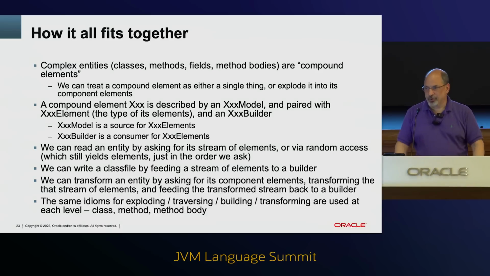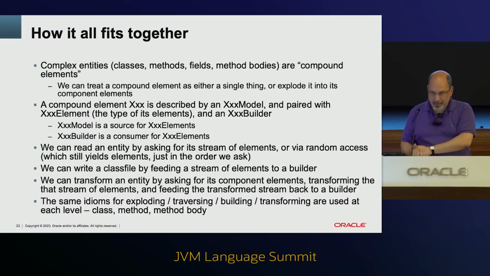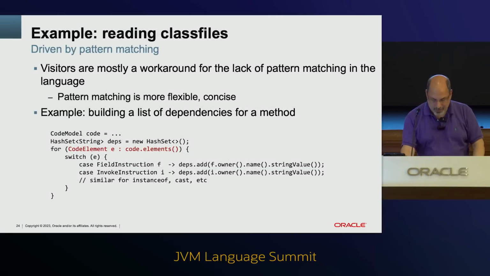But you can get it in the order you want, and you can get it repeatedly, etc. Similarly, writing a class file is feeding a stream of elements to a builder. Transforming a class file is getting a stream of elements, transforming the stream, and then presenting the transformed stream to the builder. And the same idioms of exploding, traversing, building, transforming are used at each level, right? Through this process, we slowly dug at what the common navigation structure is and made it as common across the different types as possible.